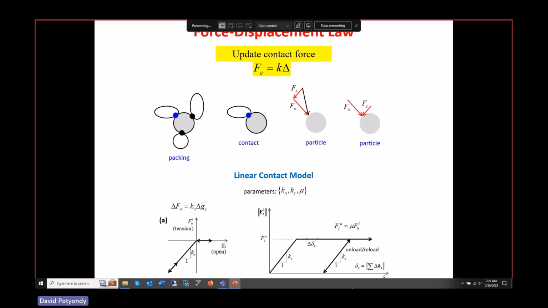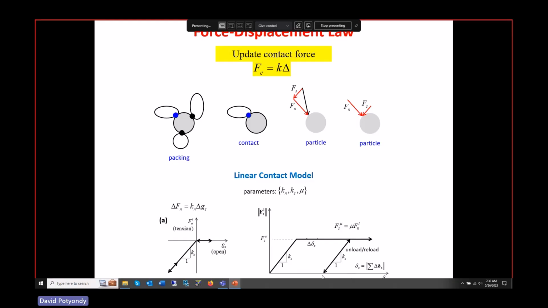But notice then there's a limiting shear force at which you start sliding. And when you're sliding, the shear force stays the same. That limiting force is the friction coefficient times the current normal force. So think of this, I'm forcing my hand to go this way. I start sliding, I get to this point, and then I start moving in the other shear direction.